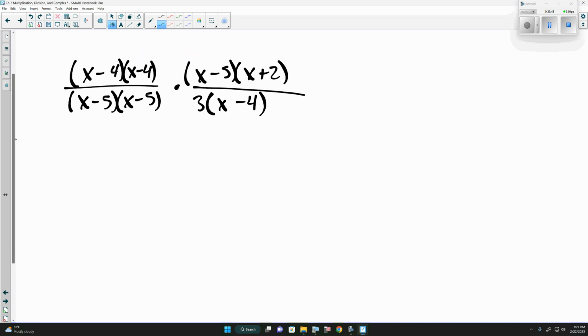Because if we were to work this out, those are gone, those are gone. This here is what you should finish up with if we were to work this out. But this is where we're going to stop for today.